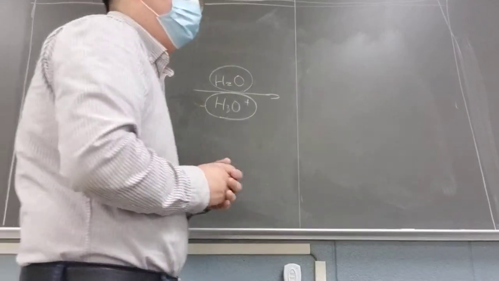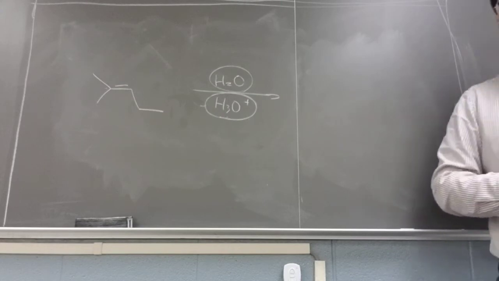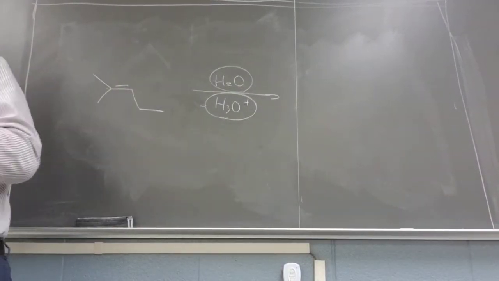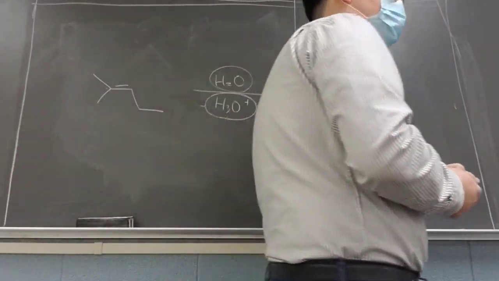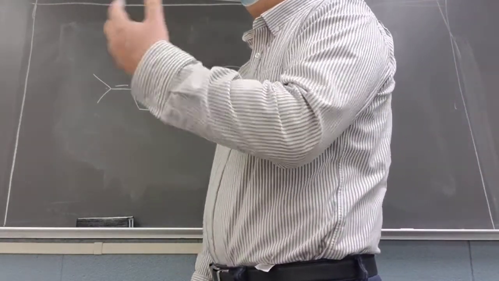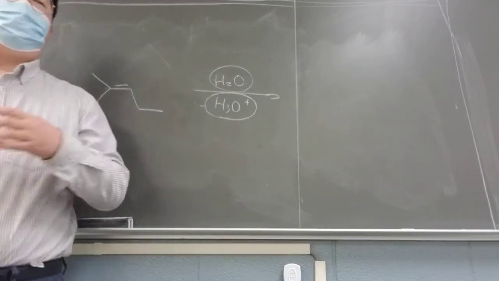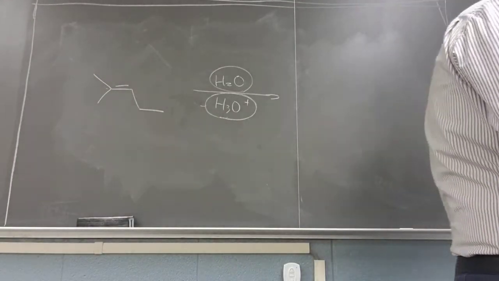It's much easier. So if there are two carbons in a double bond with the hydration, try to find which carbon has more substituents, potentially a better position for carbocation, and you can put the hydroxy group, the OH group, there. That's pretty much it. Okay? Then you got the right answer.